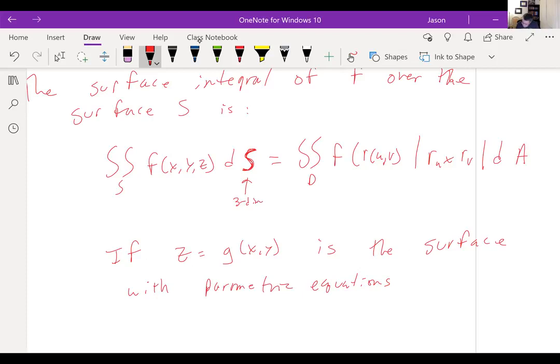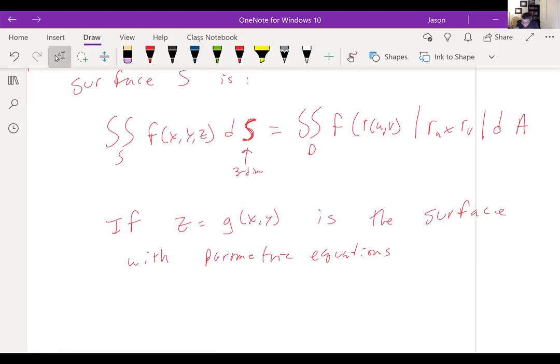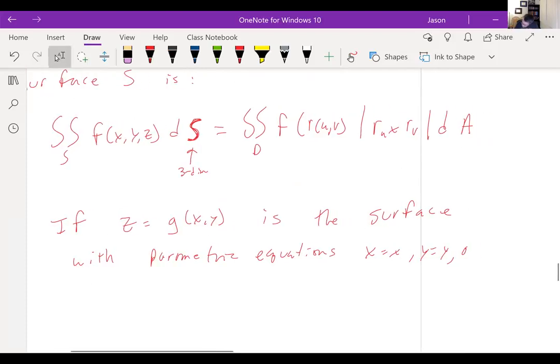Where z is equal to something in terms of x and y, we could solve for z. It's a function of x and y. Then we could say x equals x, y equals y, and z equals g of (x,y).